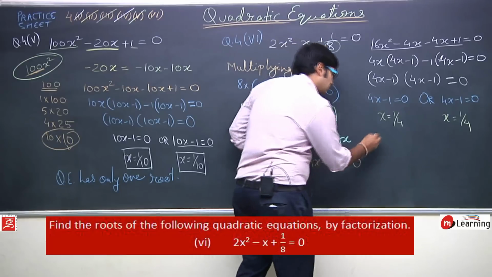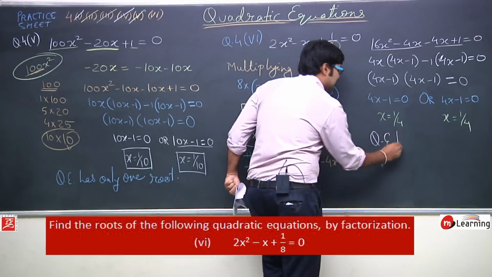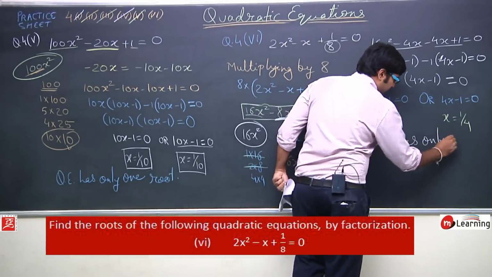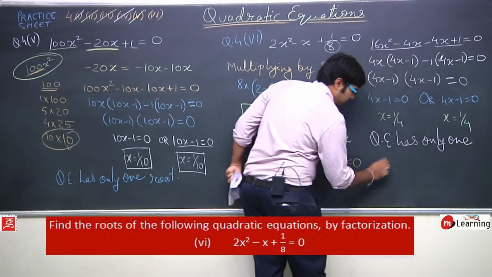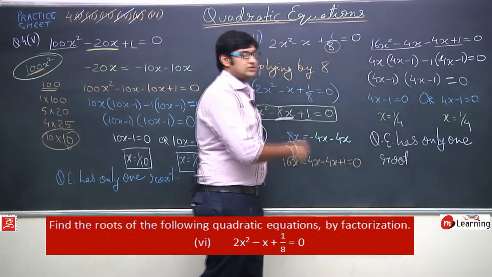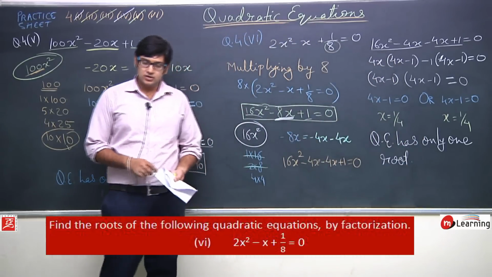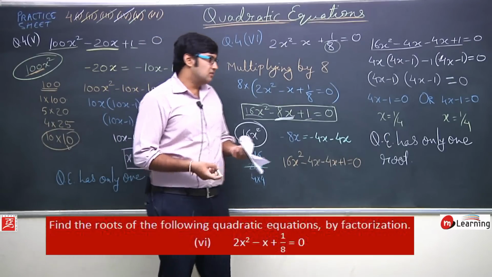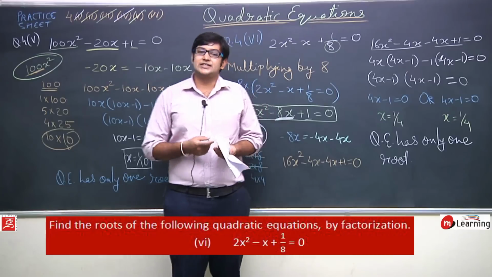So quadratic equation has only one root, or one solution, and that is x is equals to 1 upon 4. So in this manner we can solve any quadratic equation by the method of factorization.